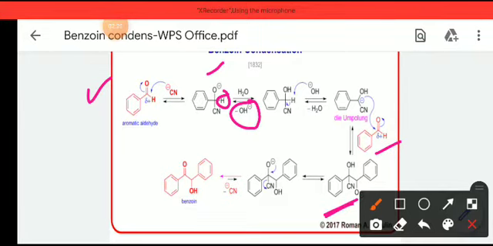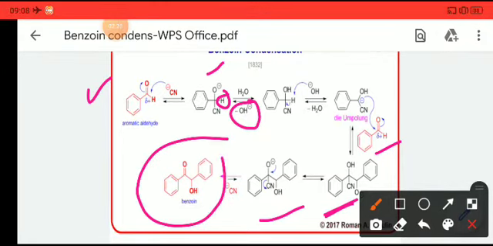This condensation product will then delocalize and form this benzoin compound, after forming the C double bond O and leaving the CN group as a leaving group. So then we will get the product as benzoin. This is the actual mechanism of benzoin condensation.